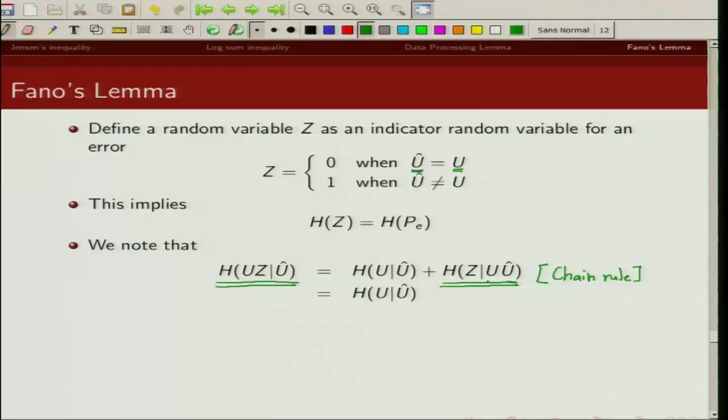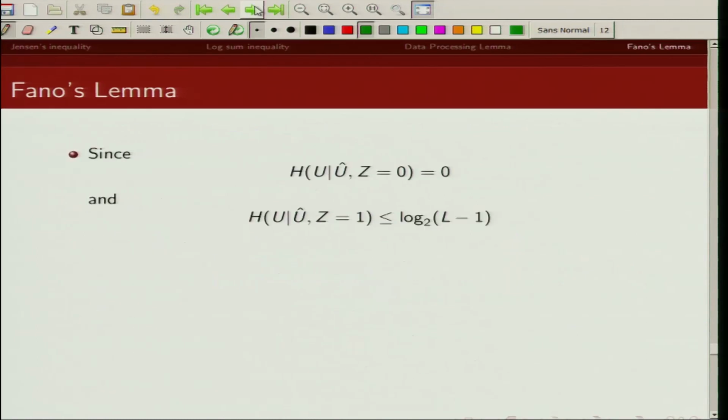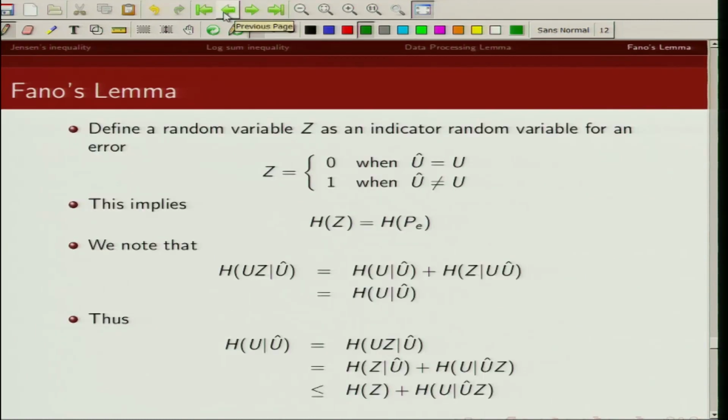So there is no uncertainty in z given u hat. So this term is 0. Then I can write this term is equal to this. Fine. Now the same thing I am writing, so this expression I get from here.